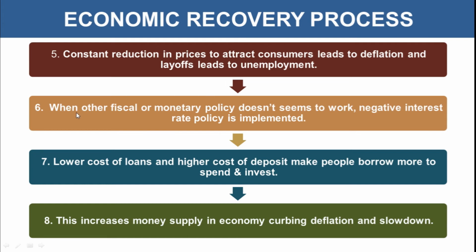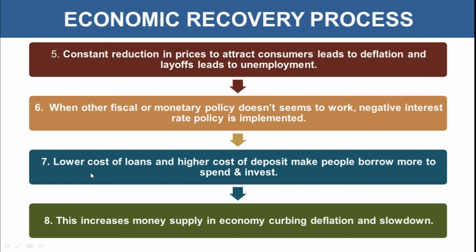Now, what happens when other fiscal or monetary policies, like the taxation, government expenditures and repo rates we talked about, do not seem to work? Negative interest rate is implemented. With a negative interest rate, a lower cost of loans is involved. People are provided loans at zero or negative interest rate, and they are paying money to deposit their money in bank accounts.